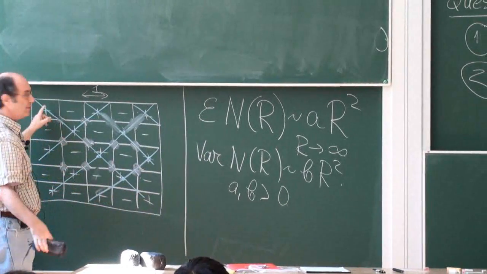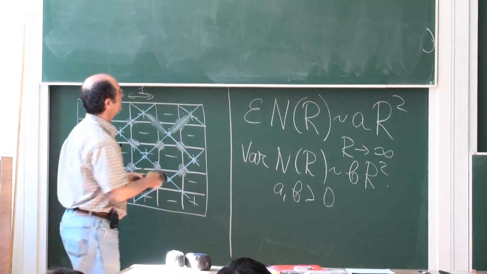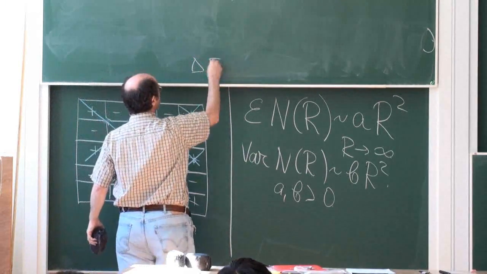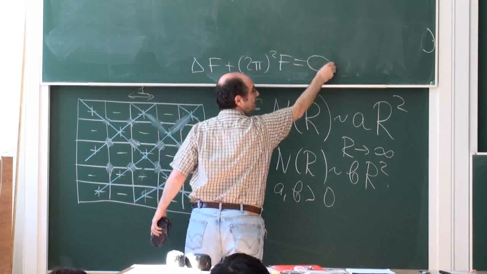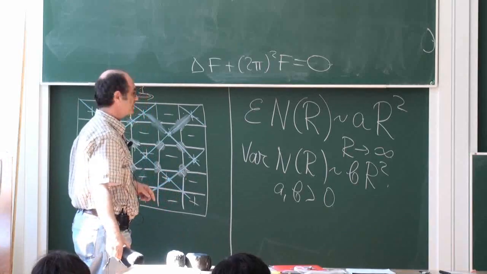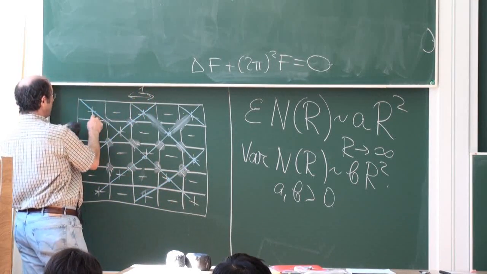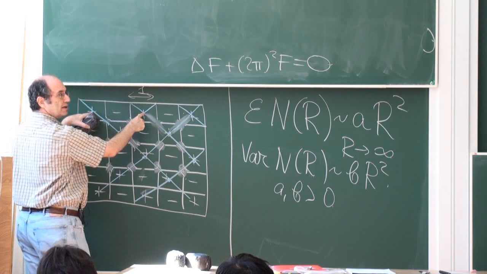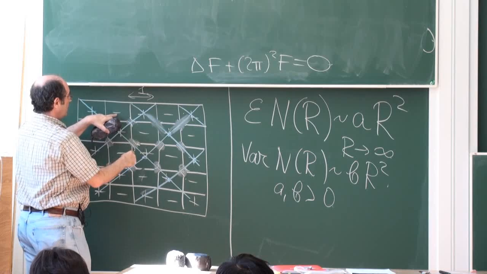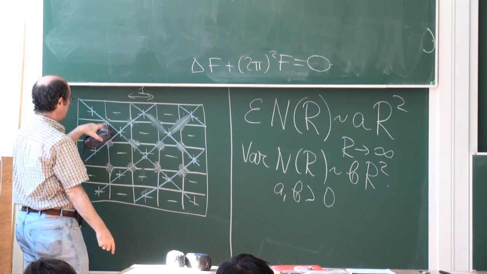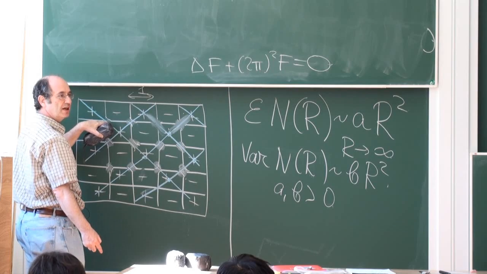Also, I have to say one more word: the choice of the square lattice is very much related to the equation which I erased. Why the square lattice? Imagine that we have minima at each plus cell, maxima at each minus cell, and saddle points, before we started to perturb, at the zero level.